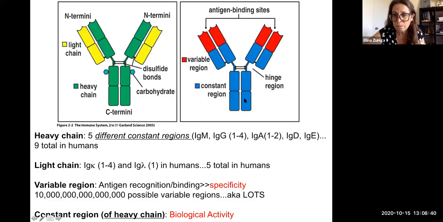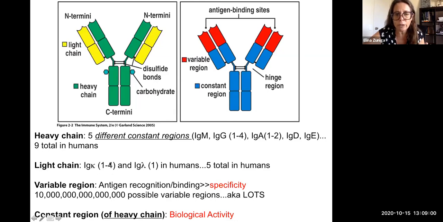This part here, okay? The light chain can also have different constant regions. This is not biologically relevant for the function of the immunoglobulin, but it can have different regions.